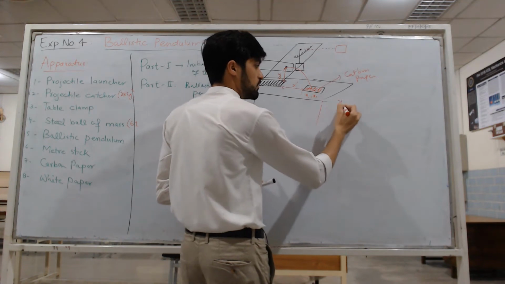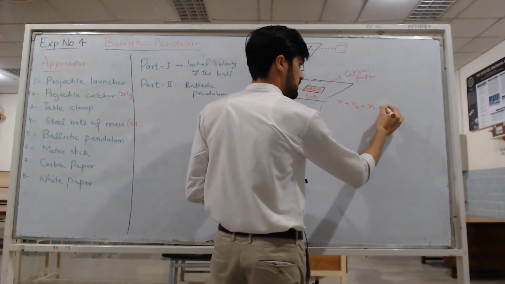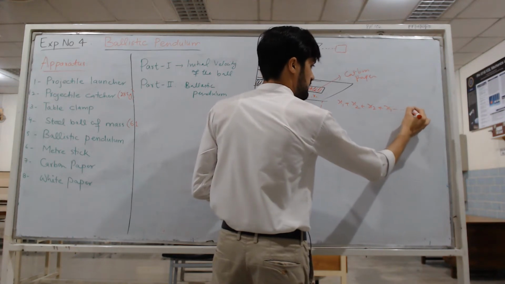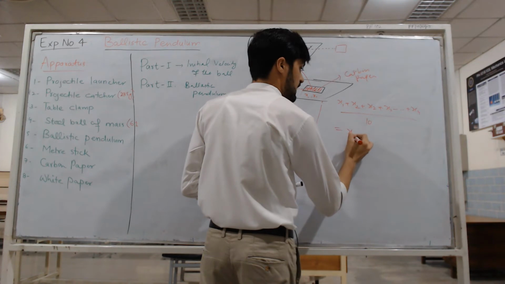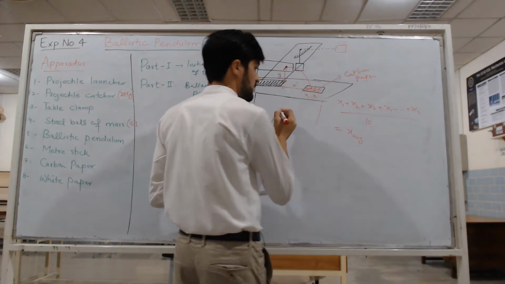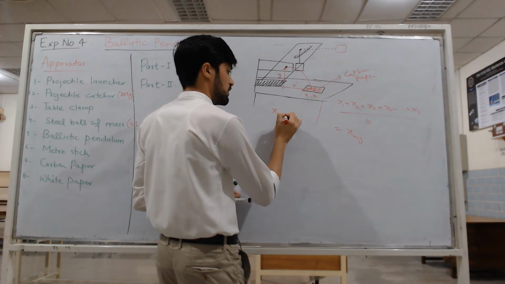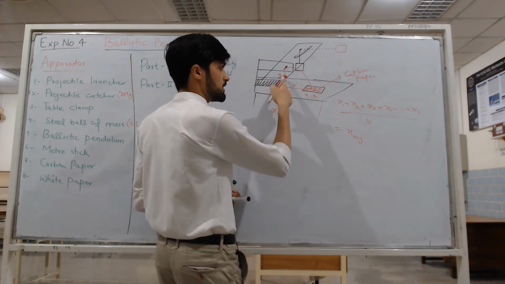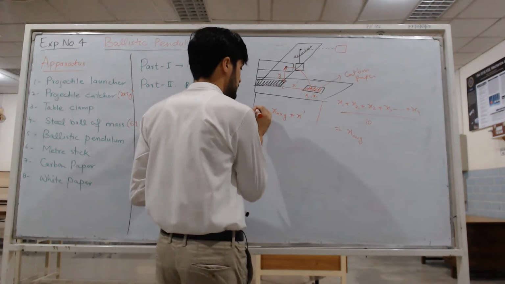So we will add these dot distances from the edge of the paper. We have discussed this for 10 trials, and then we will divide by 10 to get x average. Then we will add this x average to the fixed horizontal distance from the plus symbol to the edge of the paper, x dash, to get x, right?